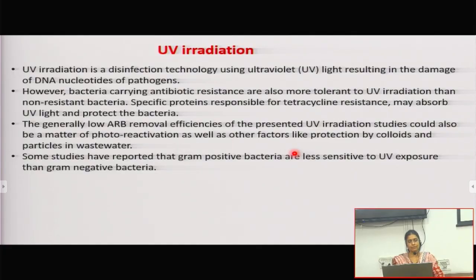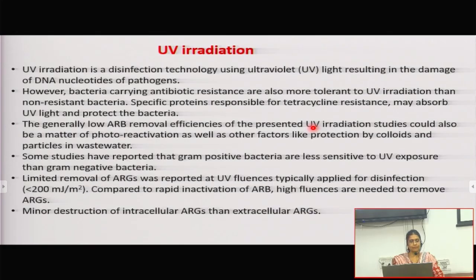Some studies have reported that gram-positive bacteria are less sensitive to UV exposure than gram-negative bacteria. Here also, very limited removal of ARGs was reported at UV dosage. Compared to the rapid inactivation of ARB, high fluences are needed to remove the ARGs.